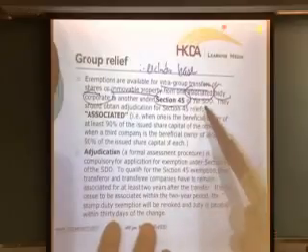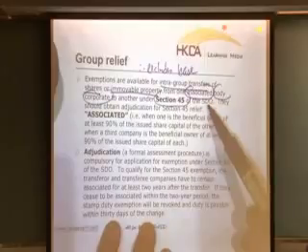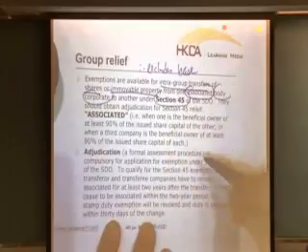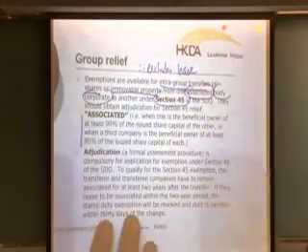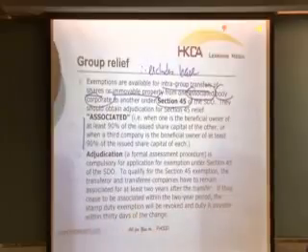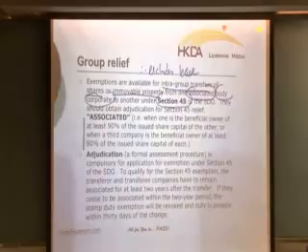One is what is associated. All right? Associated means these terms. If one company owns another company 90%, or they are both owned 90% by another company. All right?